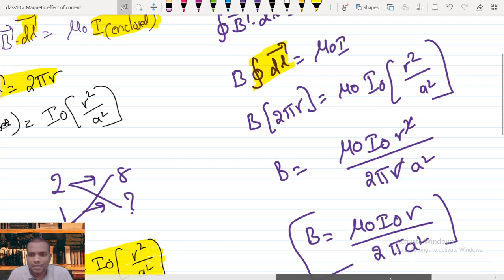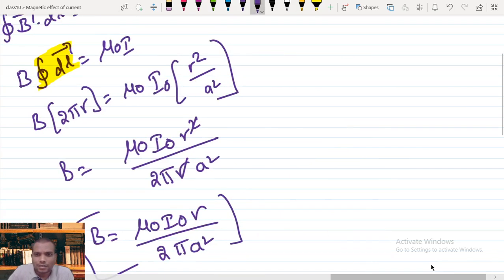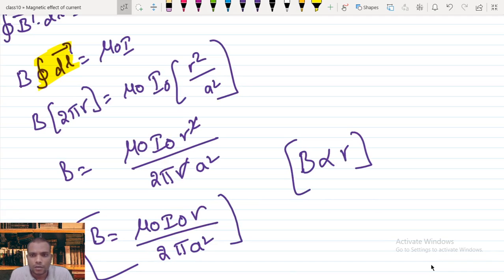If you look at this carefully, the magnetic field is directly proportional to r, the point where we consider inside the conducting wire.